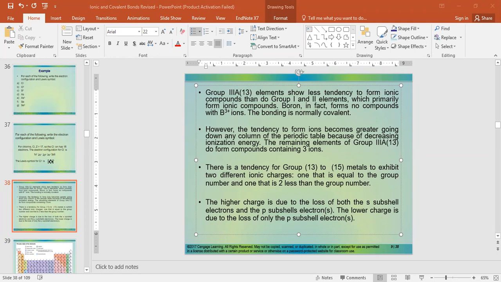Now, when we look at aluminium, the electronic configuration of aluminium, let me see whether I can write here. That is aluminium.